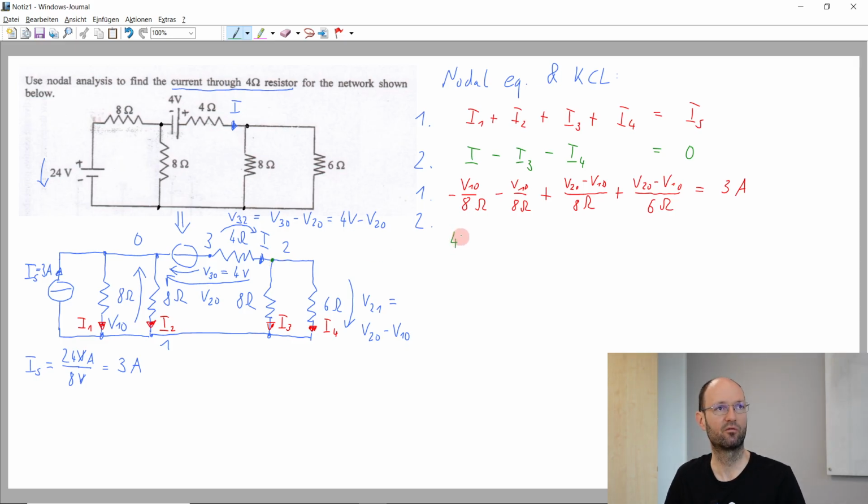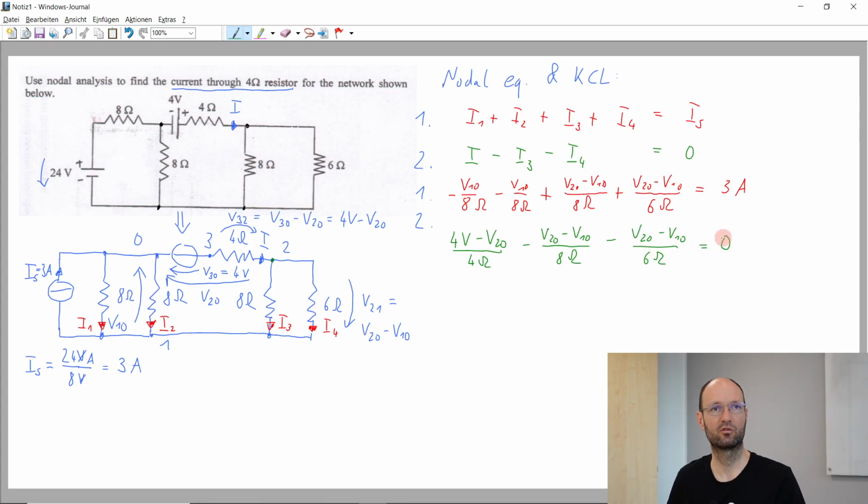So this is 4 volts minus V20 divided by this 4 ohm resistor here. And then I can more or less just copy the other equations here, but with a minus, so minus V20 minus V10 divided by 8 ohm, and minus V20 minus V10 divided by 6 ohm.